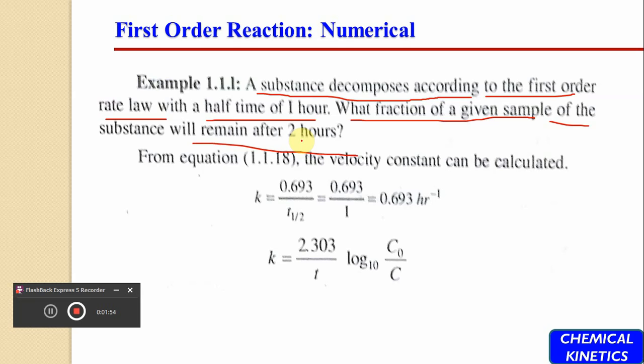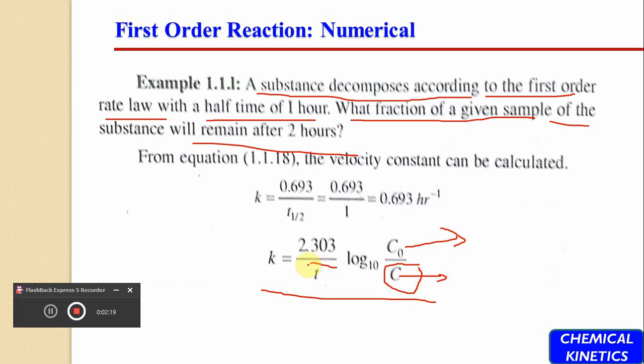Here the equation for the first order reaction is already known: k is equal to 2.303 upon t log to the base 10 of C0 upon C. C0 is the initial concentration, and C is the concentration of reactant left unreacted. So here we have to calculate the value of C after 2 hours.